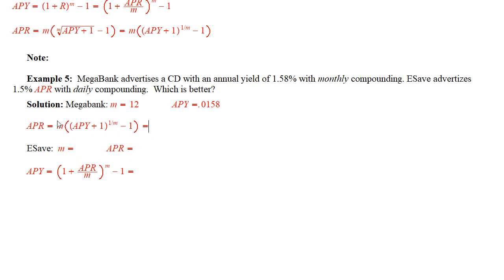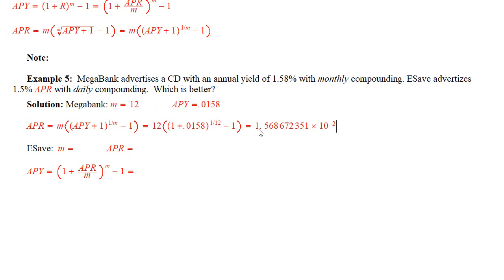We're going to take M equal to 12, and multiply that by (1 plus the APY) to the 1/12th power. So this will be 1 plus our APY 0.0158, and then to the 1 divided by 12, 1/12th power. And then we need to subtract 1 inside the parentheses. That whole thing gets multiplied by 12.